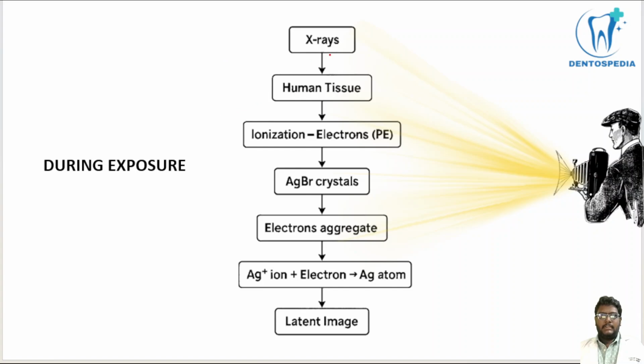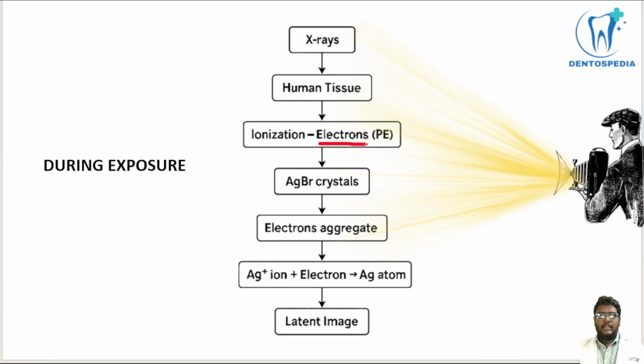During the exposure, X-rays touch the human tissues. They have the ionization property, and there are electrons in the emulsion layer, right? They hit the human tissue and then they hit the film. In the film we have the emulsion layer, and in the emulsion layer we have silver halide crystals, and the bromine ion has electrons.